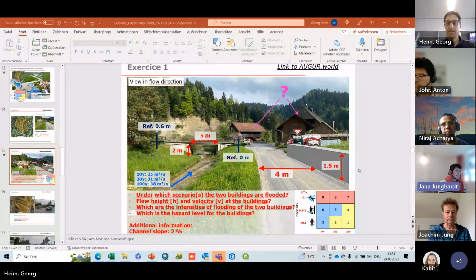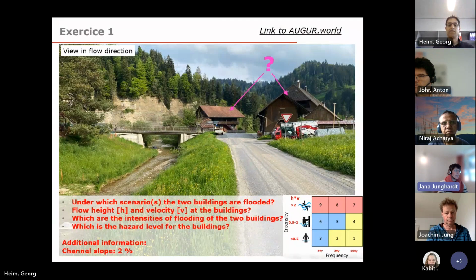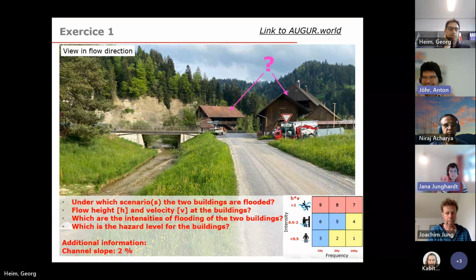Yes. So first we went to Augur, Theo and me, we were a small group. We calculated the catchment and so on and derived the discharge. And then we entered the information into the hydraulic table. Initially we said it was an open channel, but then we didn't have any outflow. But Georg helped us, saying that no, as the bridge is the weak point, it's a sewer. And then it made more sense.